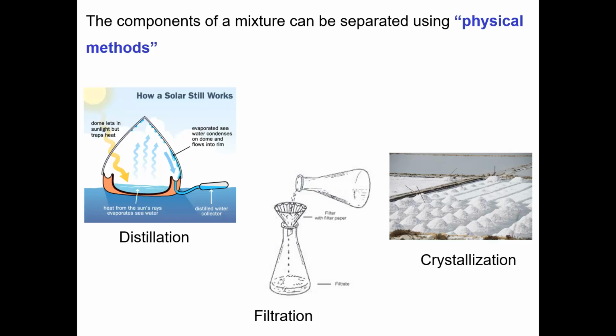So the components that make up a mixture can be separated using physical methods because the different components are not chemically bound to one another. Three common methods for separating the components of a mixture are distillation, filtration, and crystallization. Typically in distillation, we apply some heat in order to evaporate one of the volatile components.